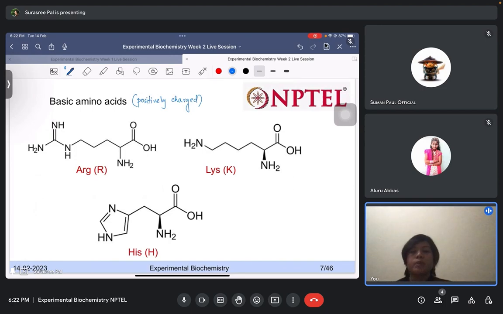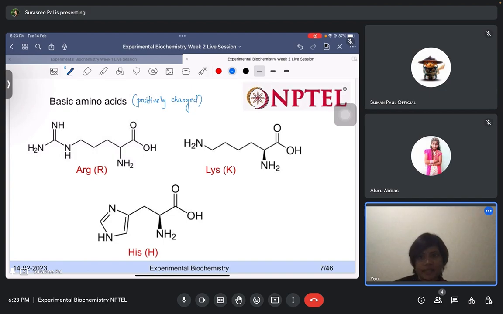In which pH is it positively charged, or in which pH is it negatively charged? Because as we will see later on, with the change in pH, the charge of the amino acid will change, which we will study in titration. So which is why it is important that basic amino acids are positively charged in physiological pH.